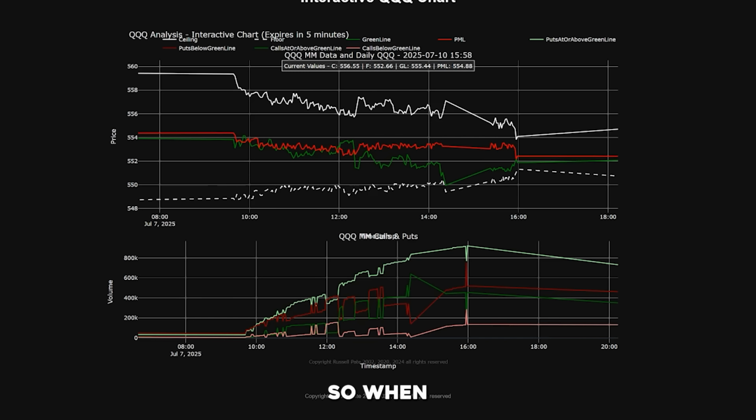So when the puts above is greater than puts below, which means the lime green line is greater than the red line, that is a bearish divergence. And when the puts below is greater than puts above, that is a bullish divergence, when the red line is greater than the lime green line.